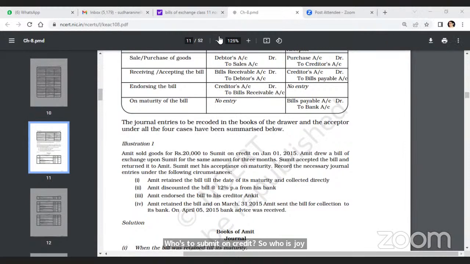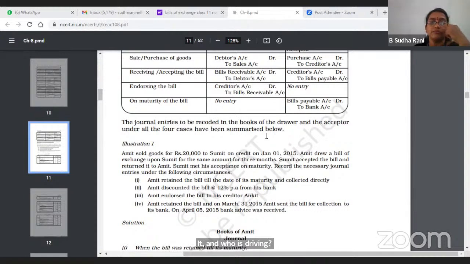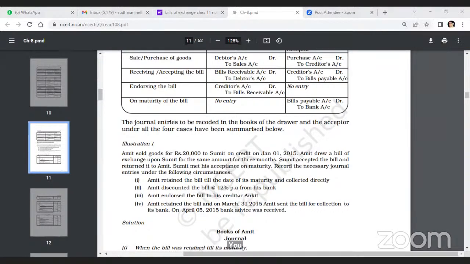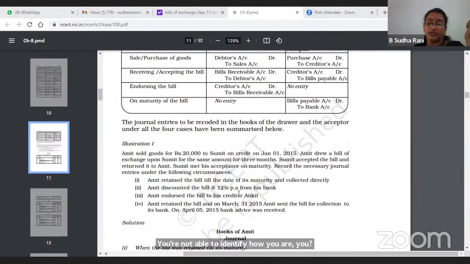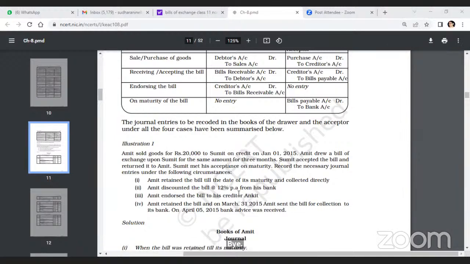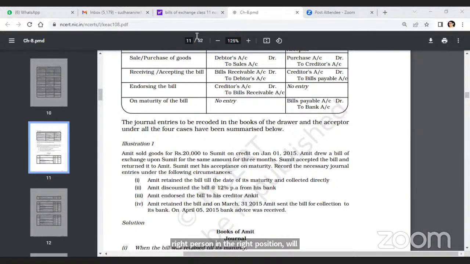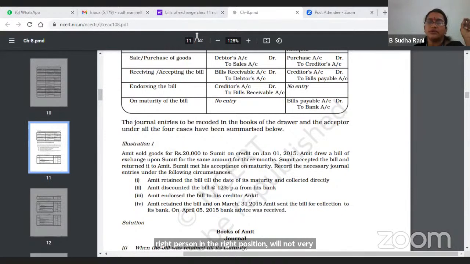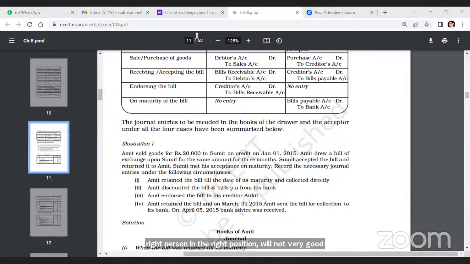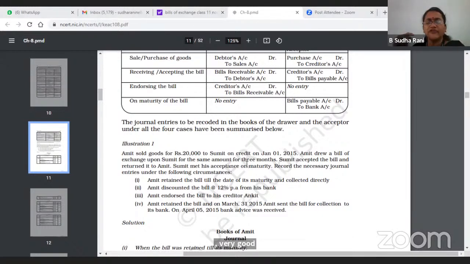I'm not getting a response. You can learn journal entries by heart, but you're not able to identify the right person in the right position. Very good. Amit is the drawer and Sumit is the drawee. Now you can proceed and do miracles.